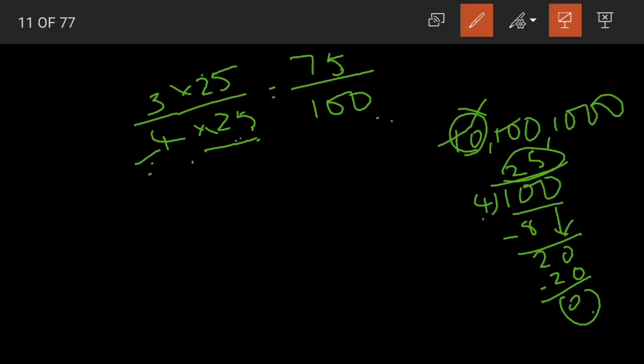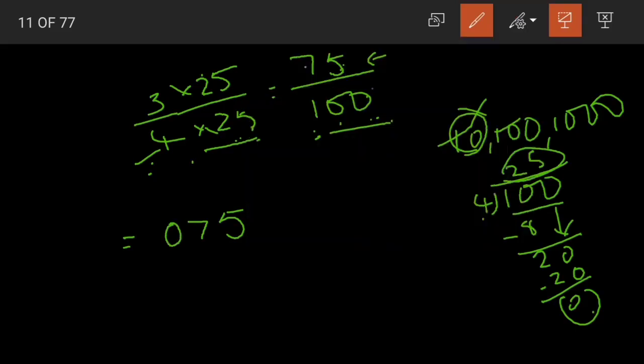Now we all know how to convert this into a decimal number, right? 75 by 100. In the numerator we have only 2 digits, but in the new denominator we have 3 digits. So for the third digit, we place a 0 to the left.